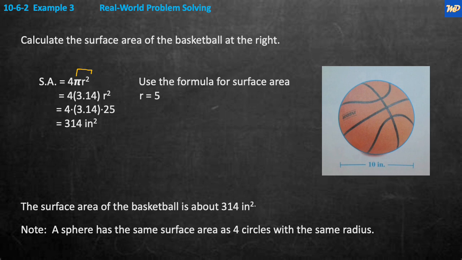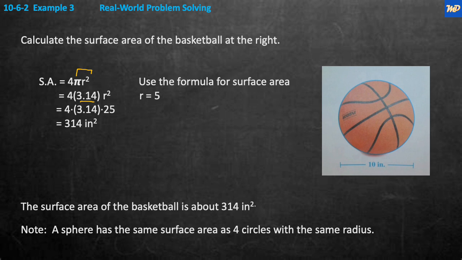So use the formula for the surface area, which is 4 times pi, 3.14, times r squared. 5 is the radius. So 4 times 3.14 times 25. 5 times 5 is 25. And if you multiply that out, 4 times 25 is 100. So 3.14 times 100 is 314 inches squared.